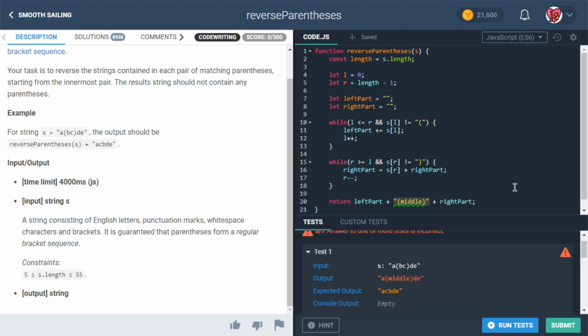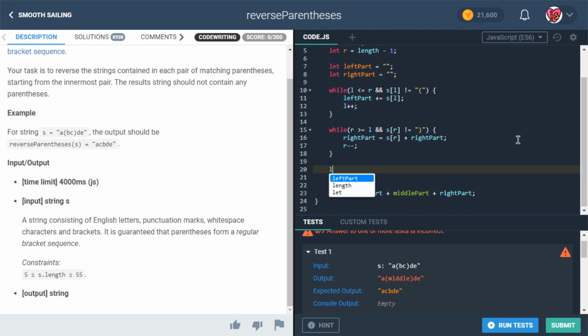So actually, let's make a new variable. I guess we can call it middle part. There we go. So we're going to say let middle part be assigned the value of s.slice(L, R). And from there, let's just do a return of middle part.